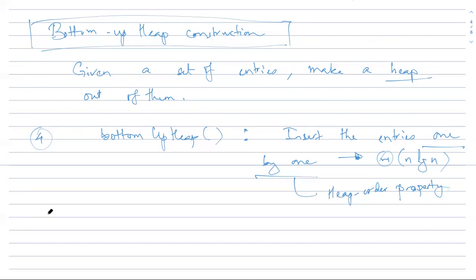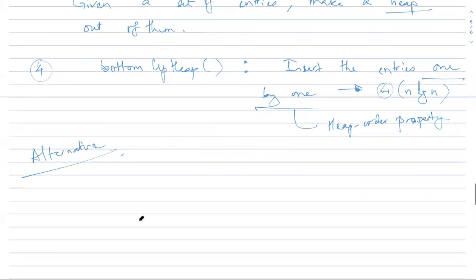So instead, an alternative approach would be something like this, that you make a complete binary tree out of the entries.